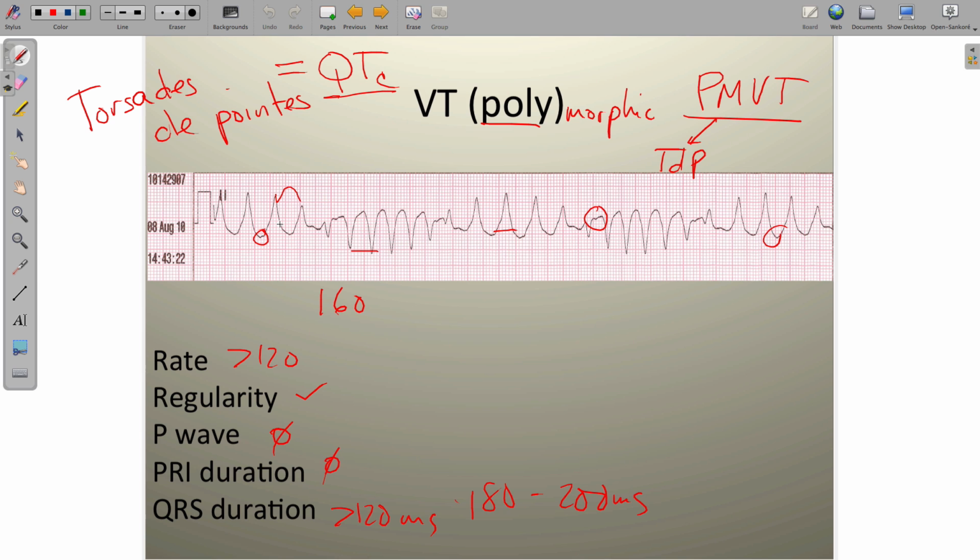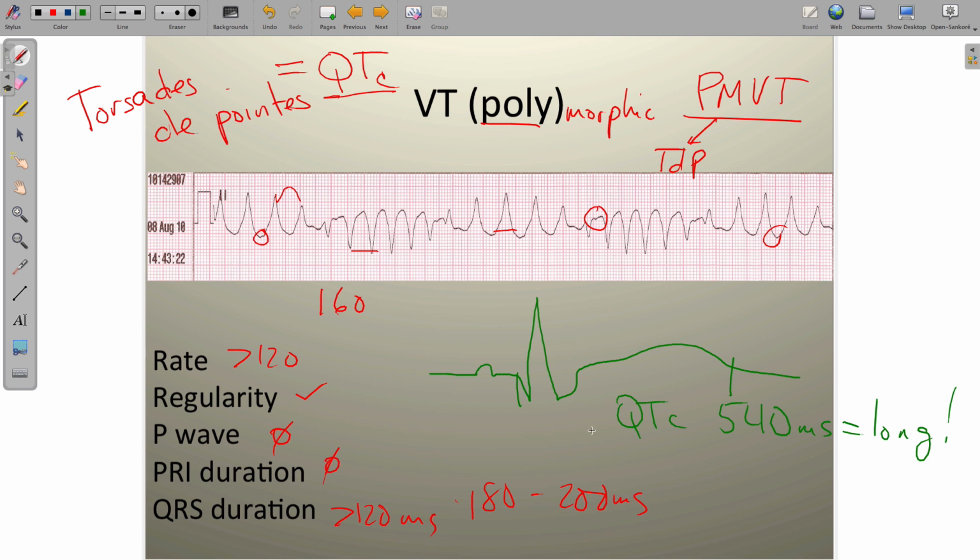Now, if you saw another rhythm before this, and that rhythm looked like this, and if you measured this QTC to be 540 milliseconds, it's long, and if the patient had some sort of cardiac arrest that ensued, meaning that if they started with this and then the next rhythm that you saw is this rhythm, then you could safely call this torsades.